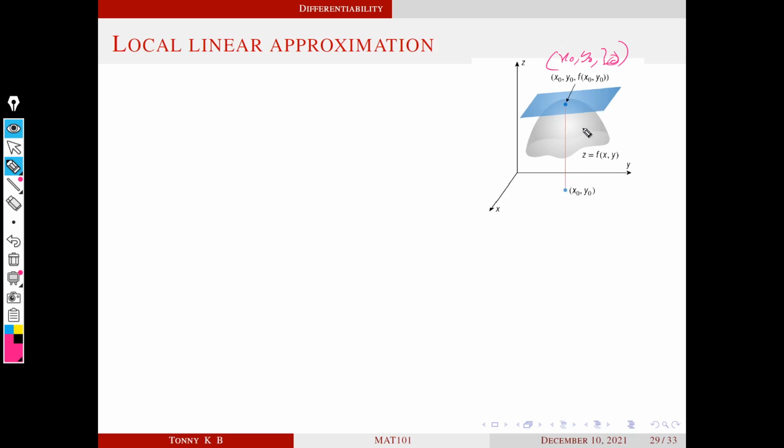What is the general form of a plane passing through x naught, y naught, z naught? The equation of the plane passing through a point x naught, y naught, z naught is a into x minus x naught plus b into y minus y naught plus c into z minus z naught equal to 0.